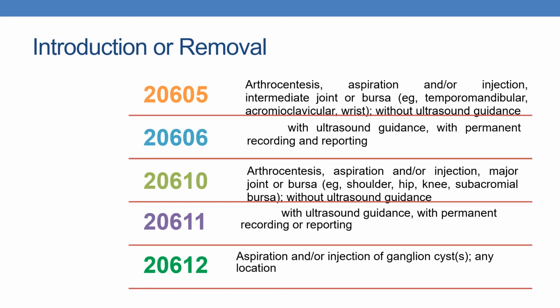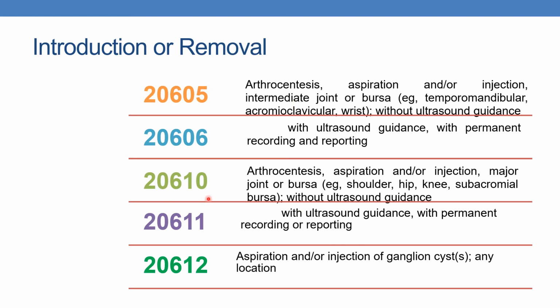The next is 20605, arthrocentesis, aspiration and or injection, intermediate joint or bursa, for example, temporomandibular, acromioclavicular, wrist, without ultrasound guidance. The next is 20606, the same intermediate joint or bursa with ultrasound guidance with permanent recording and reporting.